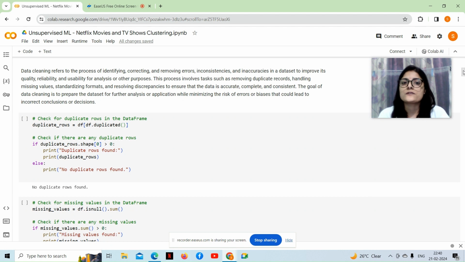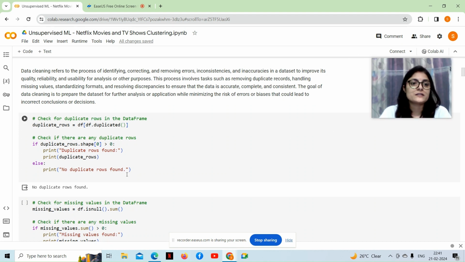This process involves removing the duplicates, handling the missing values and resolving discrepancies to ensure that the data is accurate, complete, and consistent. Basically, the goal of data cleaning is to prepare the data set for further analysis or application while minimizing the risk of errors or biases that could lead to incorrect conclusions or decisions.